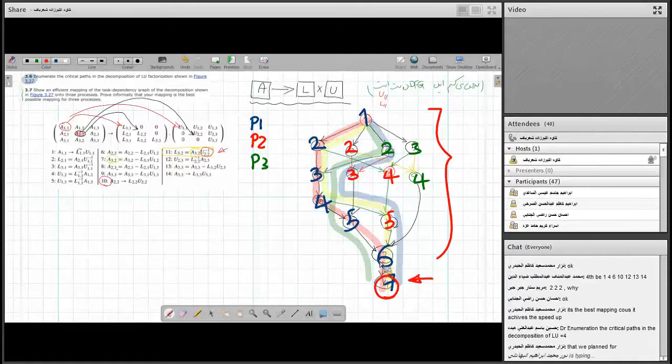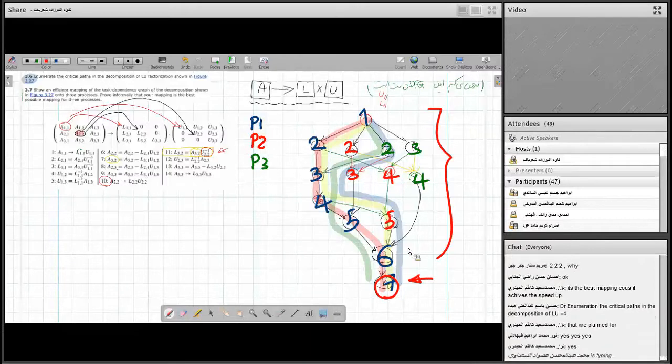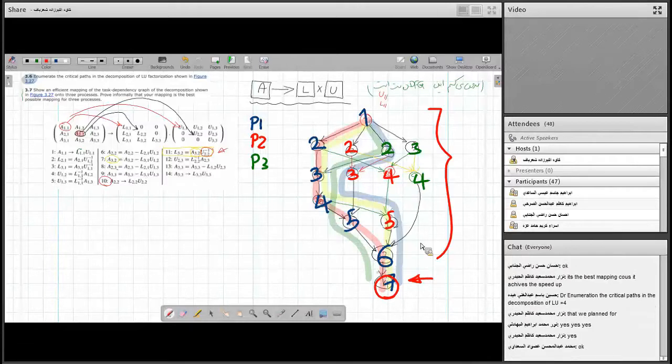Our critical path length is 7. And this mapping uses this time.